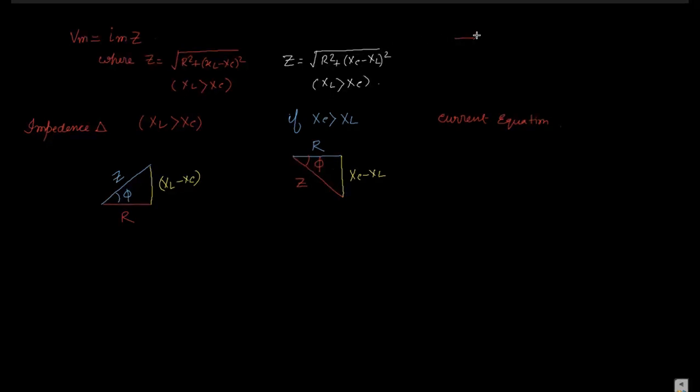Now if this is the supply voltage V is equal to Vm sin omega t, then the current flowing is I. When I is flowing through this resistor, it becomes Im sin omega t, because V and I will be in the same phase.